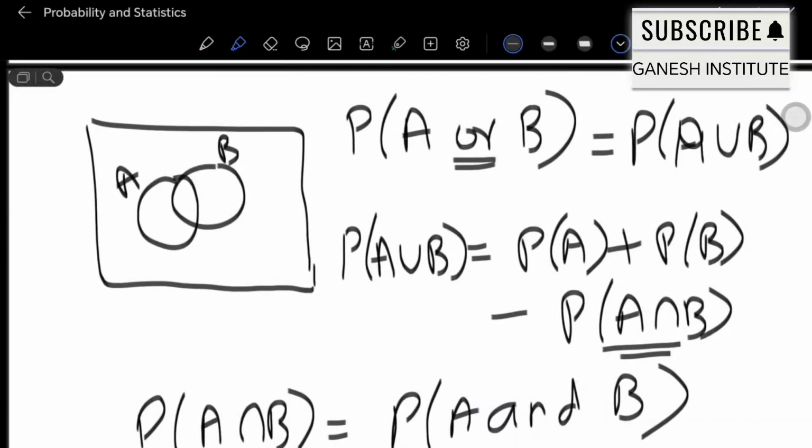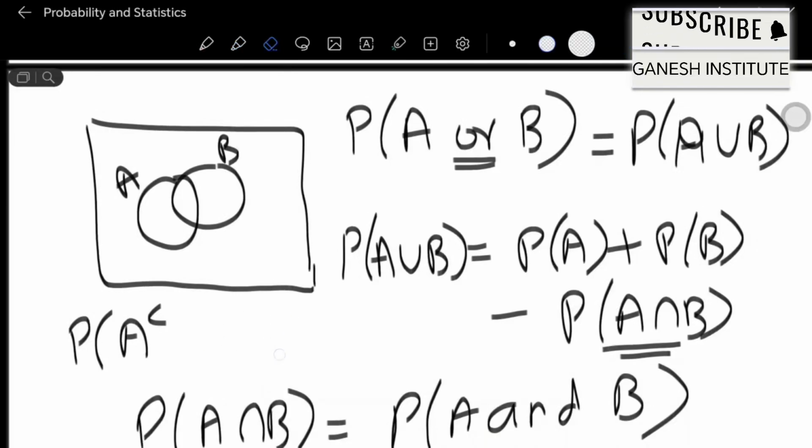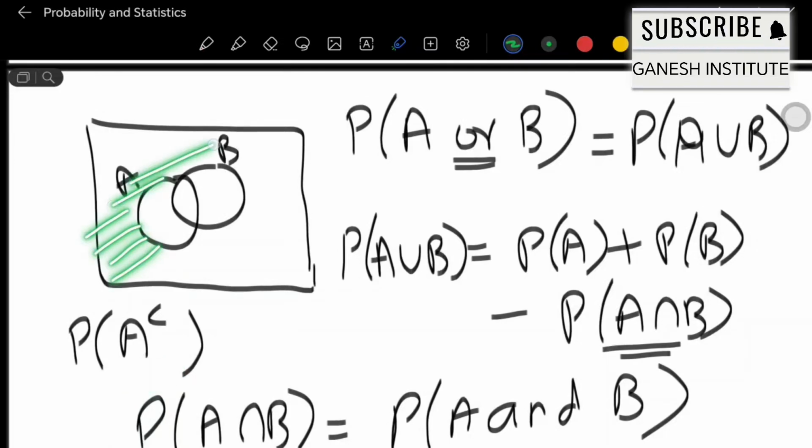Now let's say I want P(A complement) or A dash, also called A prime. A complement means not happening of event A. That means you can have everything from this universal set except A.